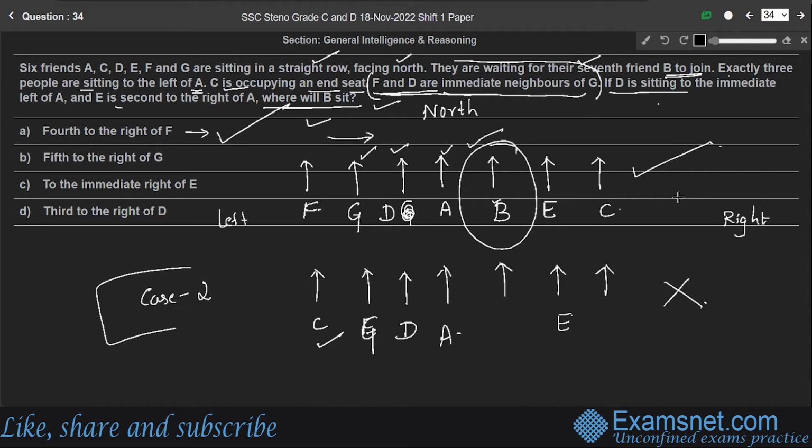The remaining options: 5th to the right of G is C, not B. To the immediate right of E, again C is sitting, so option C is also not the answer. Last option: third to the right of D is E, not B. Therefore, option A is the right answer.